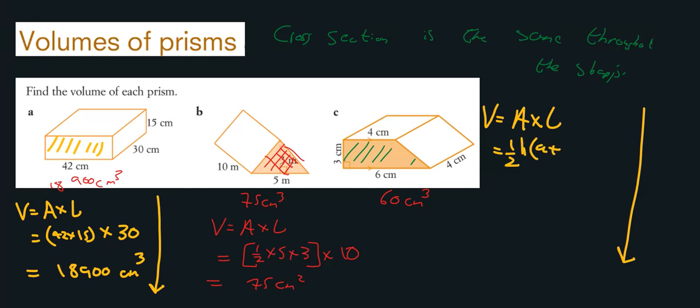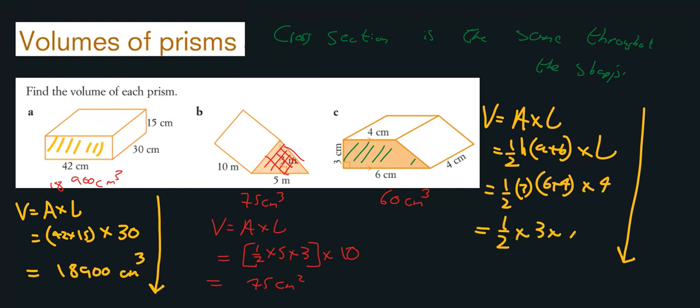So the area of a trapezium is half the height multiplied by the sum of the parallel sides multiplied by the length. So let's fill this in. We've got half, 3, 6 plus 4 multiplied by 4. So we've got half times 3 times 10 times 4, which is 60 centimeters cubed.